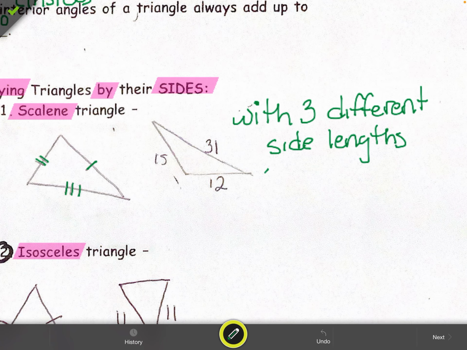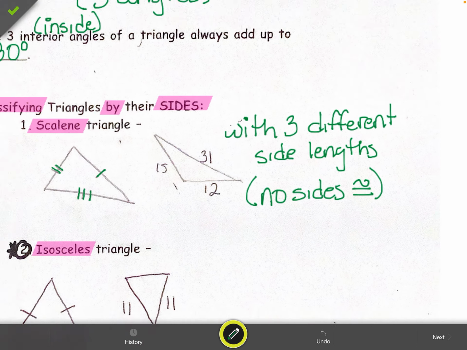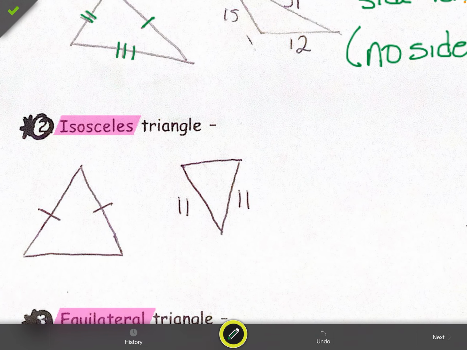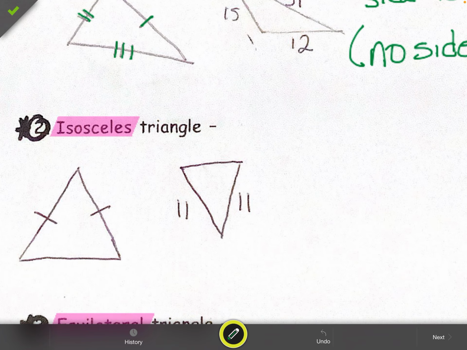In other words, none of your sides are congruent. No sides congruent. None of them have the same measure. Each side has a different measurement. So that is scalene.